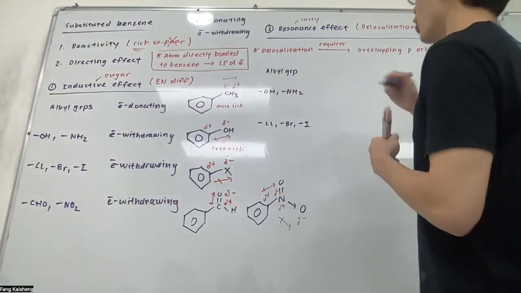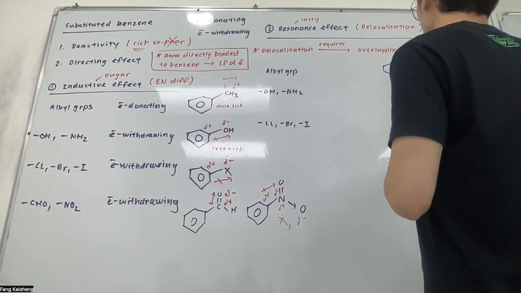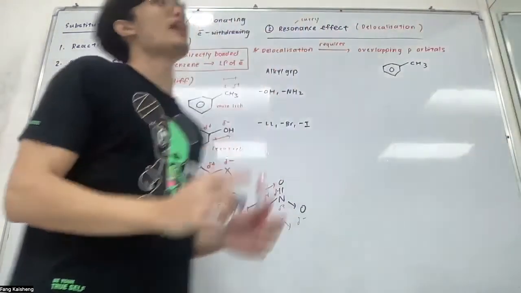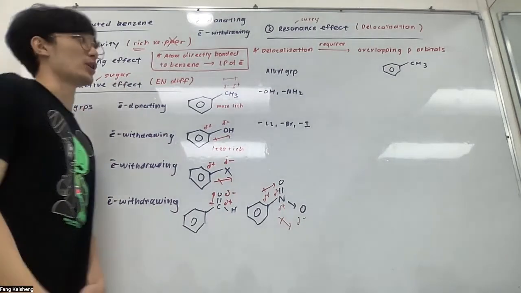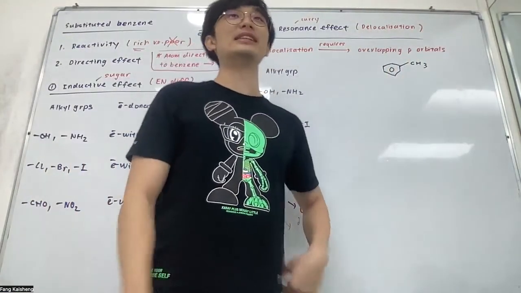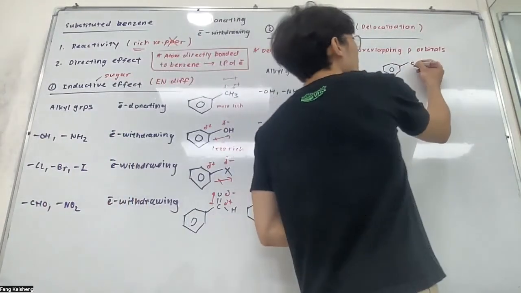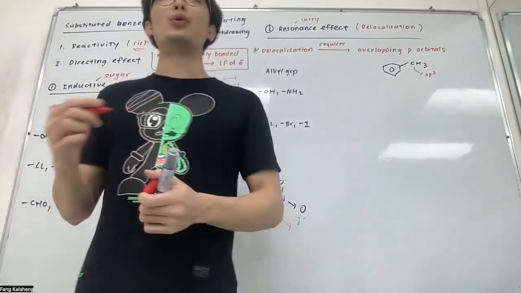The first one we're going to draw is your alkyl group. Look at the carbon atom directly bonded to benzene. Does it have a lone pair? In fact, let's ask another question. This carbon here, what hybridization is it? This is an sp3 carbon. Good. If this is an sp3 carbon, does it have a p orbital?